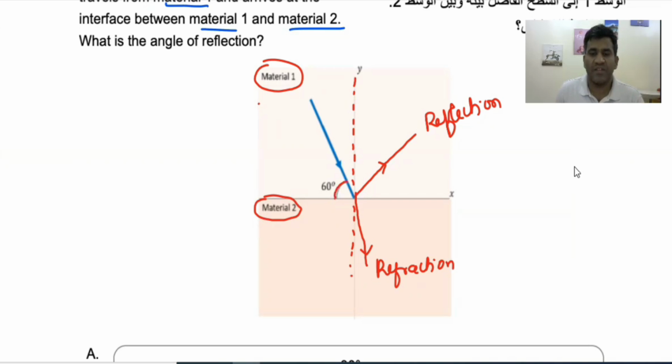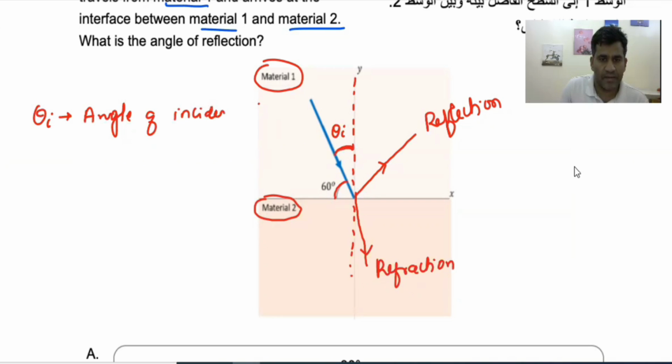This is not the angle of incidence. The angle of incidence is the angle between the normal and the incident ray. This angle is called the angle of incidence, usually represented as theta I, the angle of the incident ray.